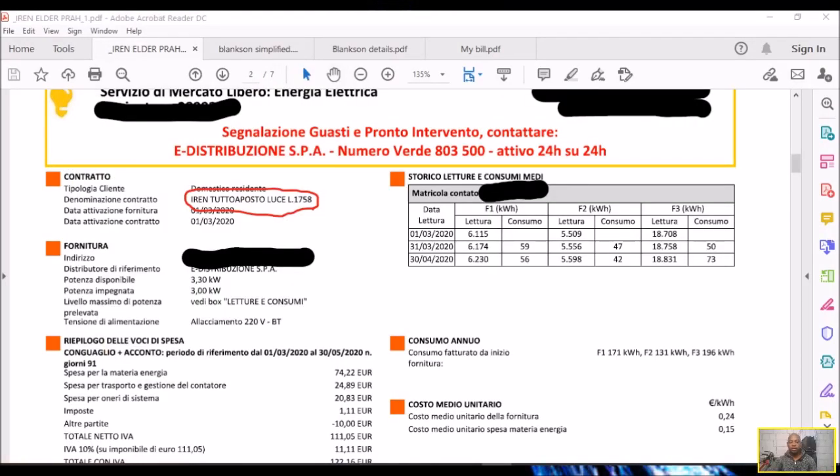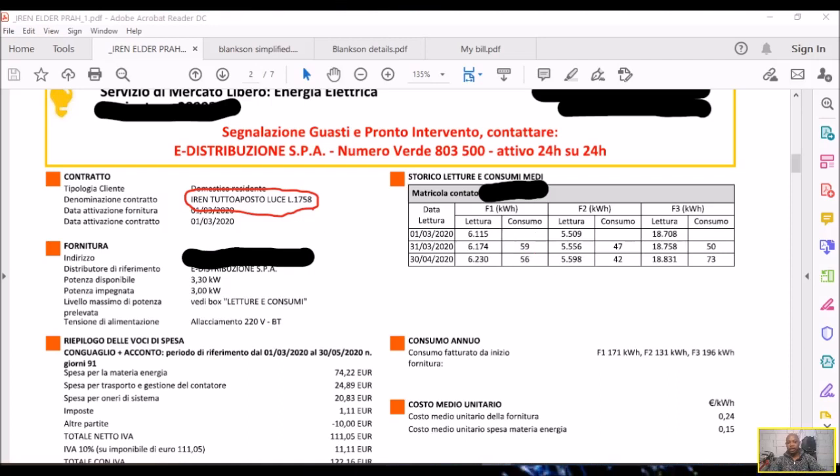So according to them, their initial reading was 6,115. And up to 31st March, they read 6,174. So if you take 6,174 and you take out 6,115, then you get 59. So the amount of power consumed within that 1 month was 59 kilowatt.